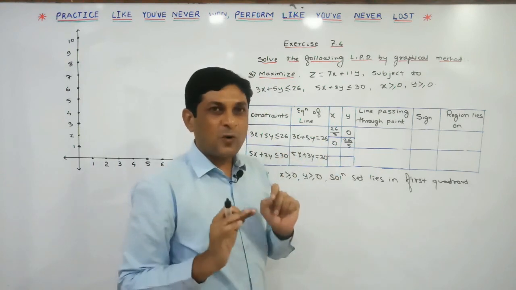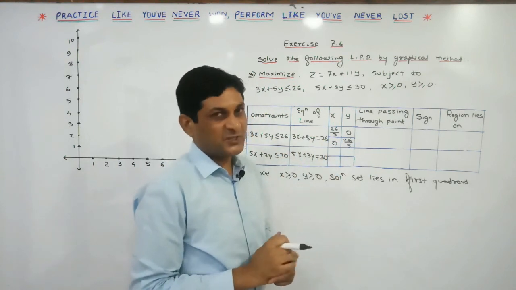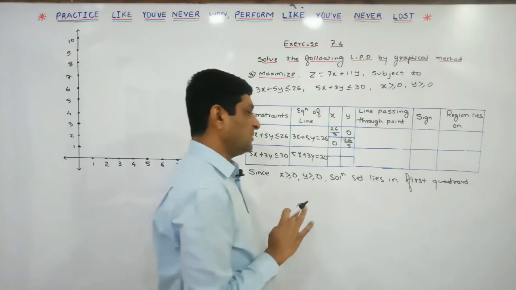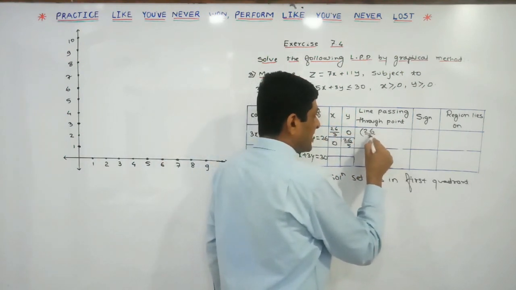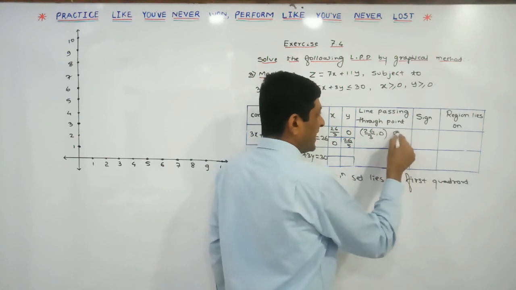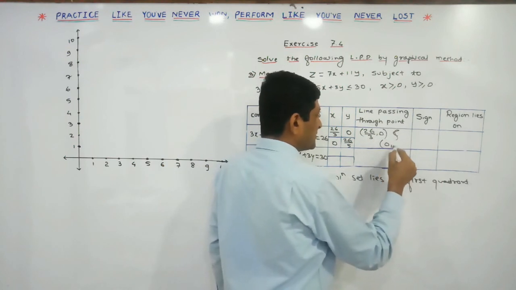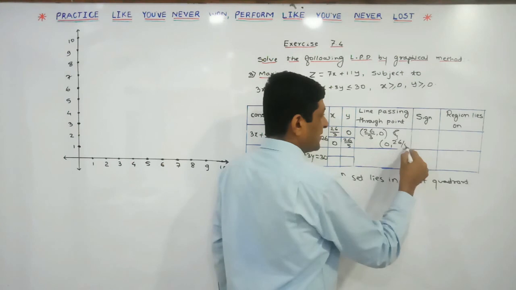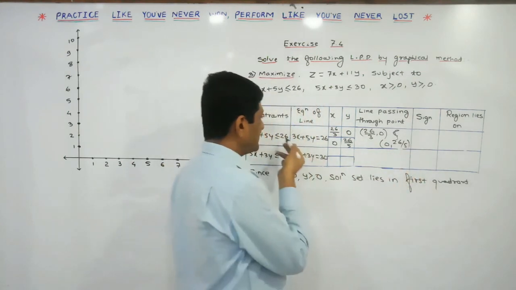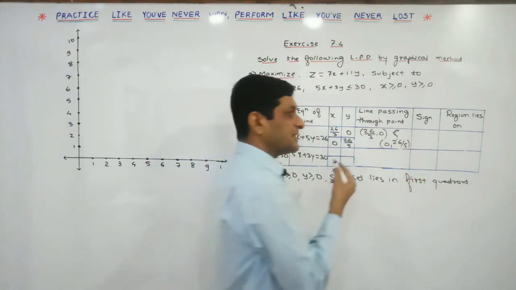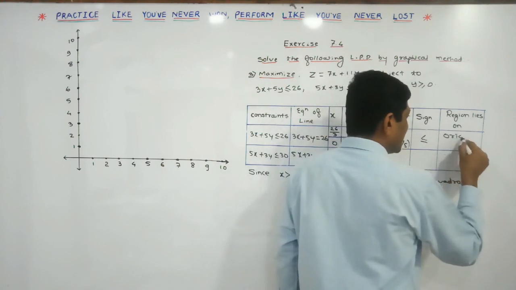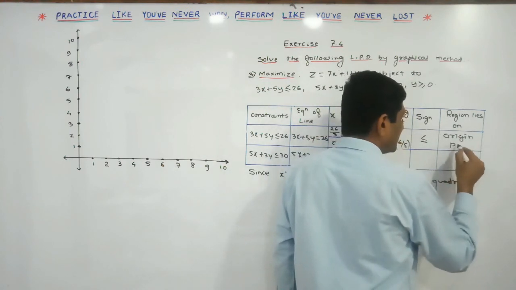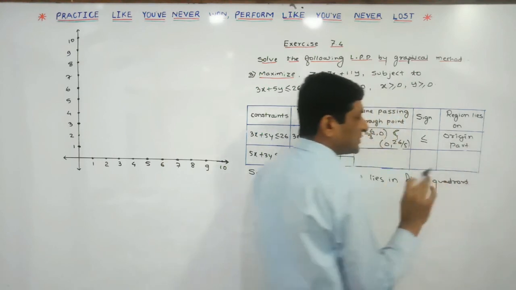Whenever the coordinates are in terms of fractions, perform the calculation carefully. So the coordinates of the first point are 26 upon 3 comma 0, and the coordinates of the second point are 0 comma 26 upon 5. Now for the first equation, which sign appears? Less than or equal to. Less than or equal to means we can conclude that the origin side part will be our required solution set.